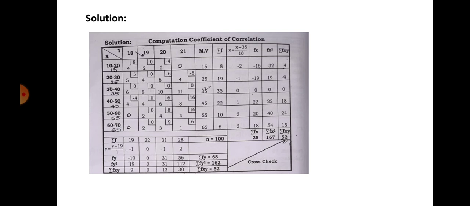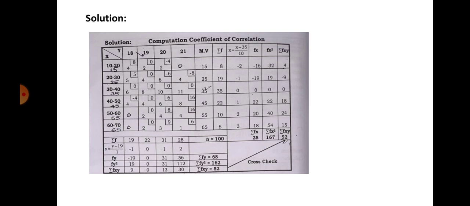Here, both sigma fxy row-wise must be equal to sigma fxy column-wise. You have to see: if it is wrong, you have to verify once again to see that the mistakes are rectified.